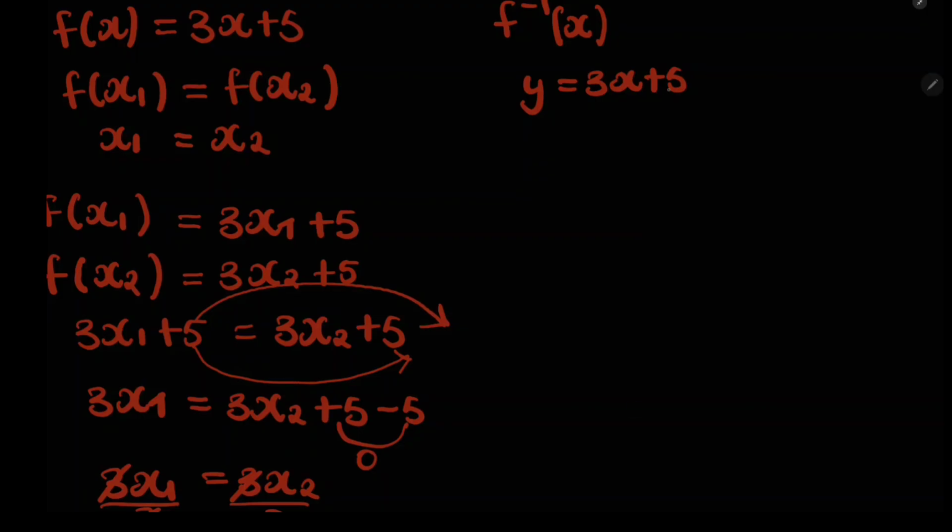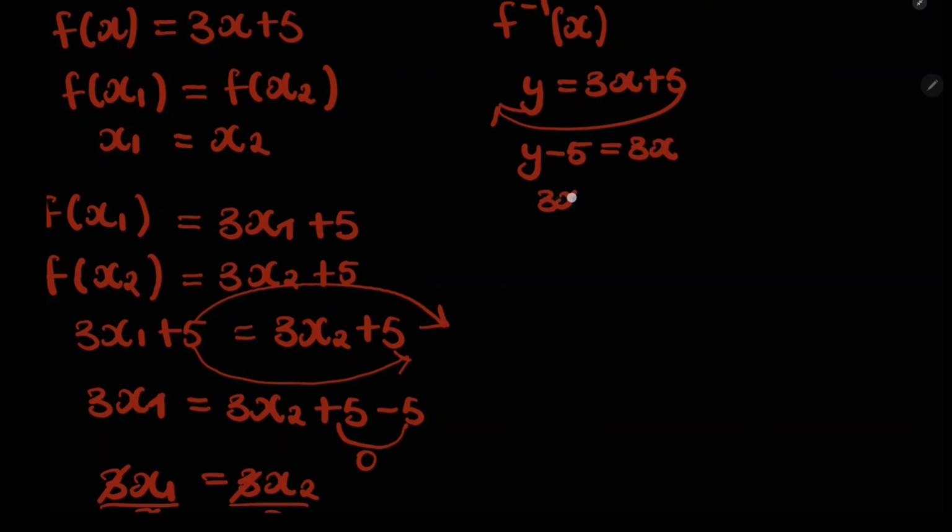So we send 5 this way, so it will be y minus 5 equal to 3x. So let me just reverse them. 3x equals y minus 5. So here we are going to divide both sides by 3 because we want to make x the subject of the formula.